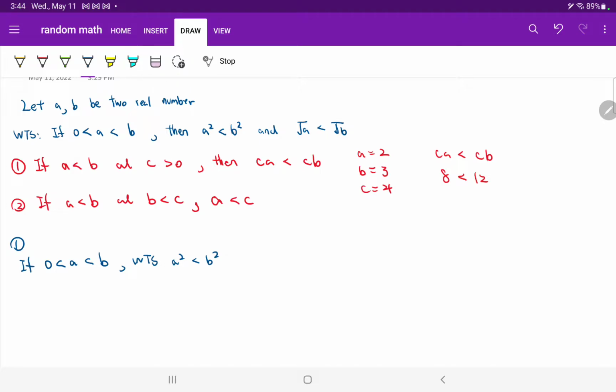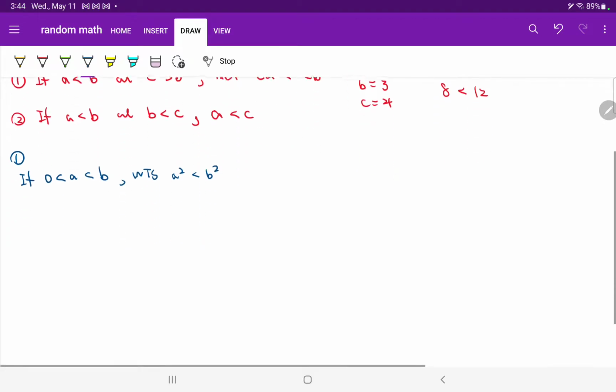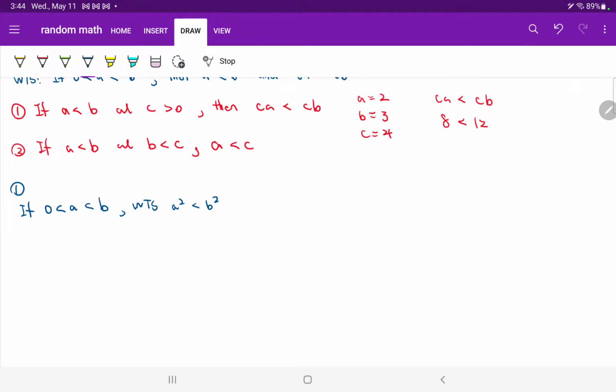Well, we do this first by using our property 1. We're going to pick a c and multiply through our whole inequality, and you'll see what I mean. So a is bigger than 0 and b is bigger than a. Let's say in this case we choose c to be a.